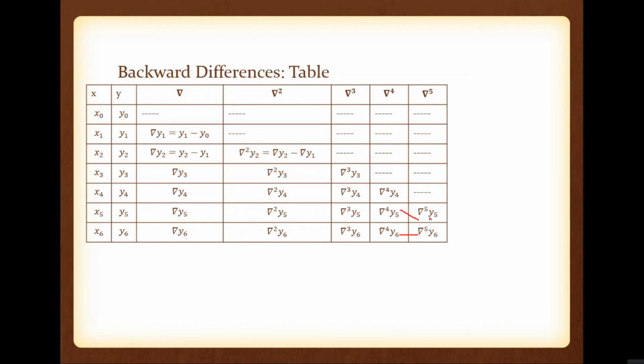Similarly, del raised to 5 y5 is del raised to 4 y5 minus del raised to 4 y4. Now as we have 7 data, up to y6, we can find one more column, del raised to 6. So that is del raised to 6 y6, this data only. We can find this data only, and the remaining 6 data are absent.